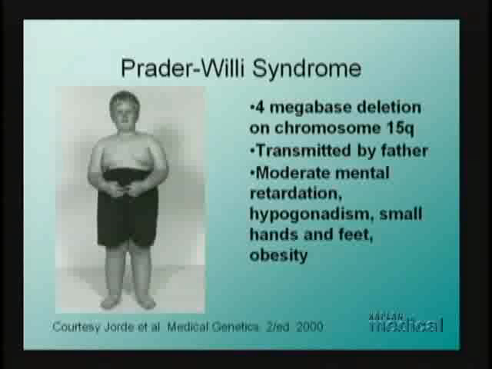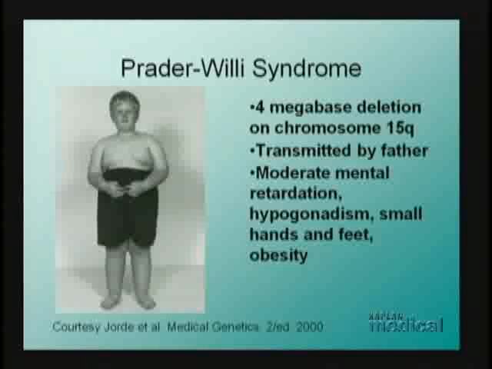These children are typically moderately mentally retarded. They are obese, hypotonic, show hypogonadism, small hands and feet. A child will have this disease if the deletion is on the copy of chromosome 15 from the father.